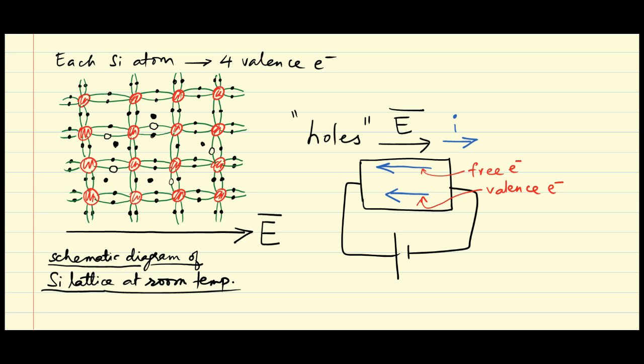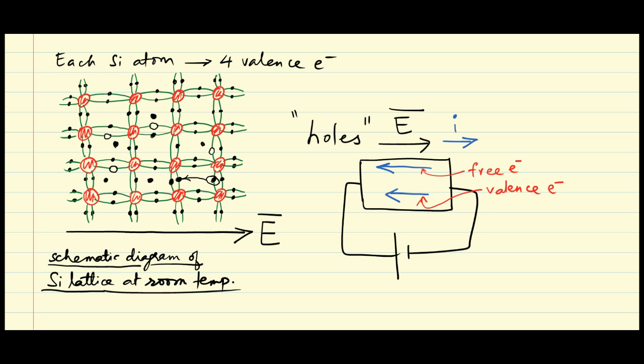So you can imagine that this electron shifts towards the left, and of course it leaves a gap over here like that. So a valence electron has gone towards the left. Now what can happen next? Maybe this valence electron sees the hole over here, and it can occupy that position. So it moves over here, and the hole now shifts towards the right.